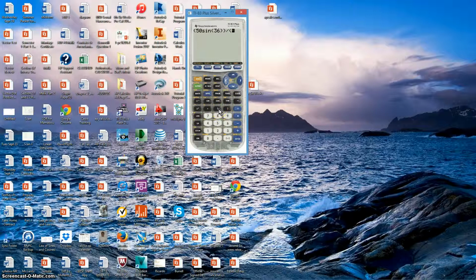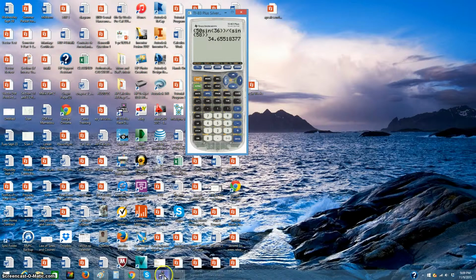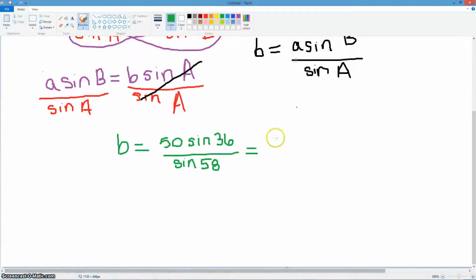Divided by, on your part, you're going to put that at the bottom as the denominator, sine of 58. Press enter. And for this class, I want 3 decimal places, so we get 34.655 meters. Everyone should have gotten that.